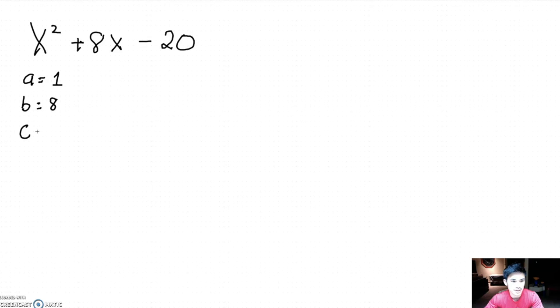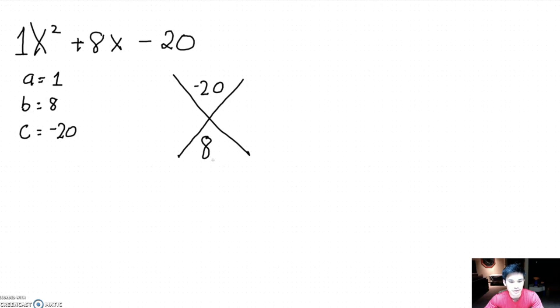So c, remember, is negative 20 again. Again, I will write my X. Because it is just 1x squared, 1 times minus 20 gives minus 20 again here, and then I get an 8 here.